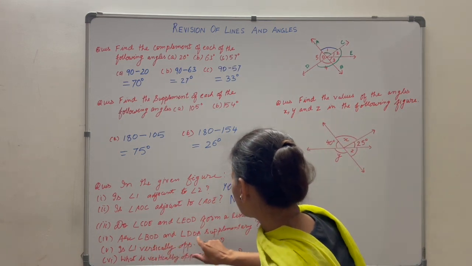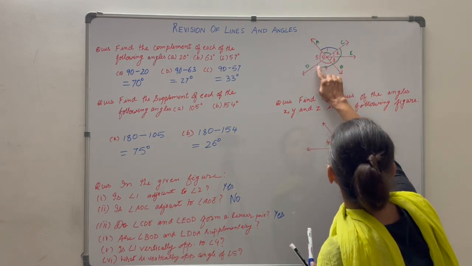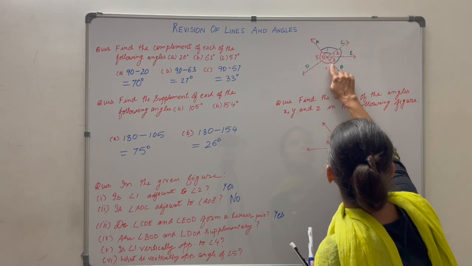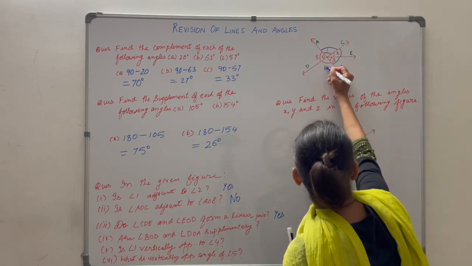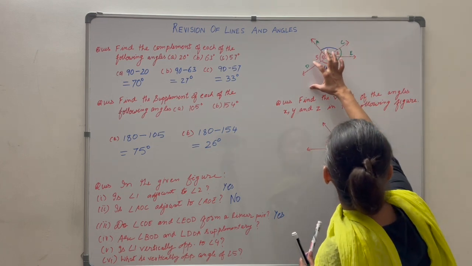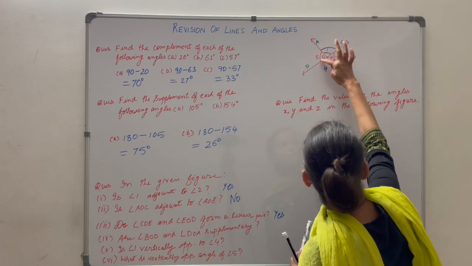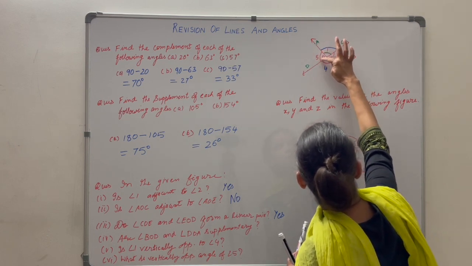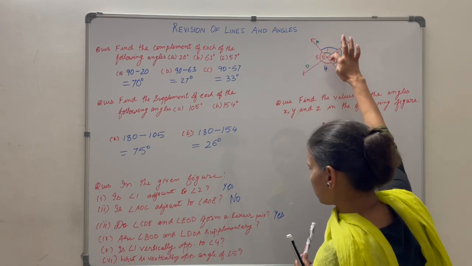Are BOD and DOA supplementary? BOD is this. Angle 4 is your BOD. BOD and DOA, DOA is here. BOD and DOA add up to 180 degrees.